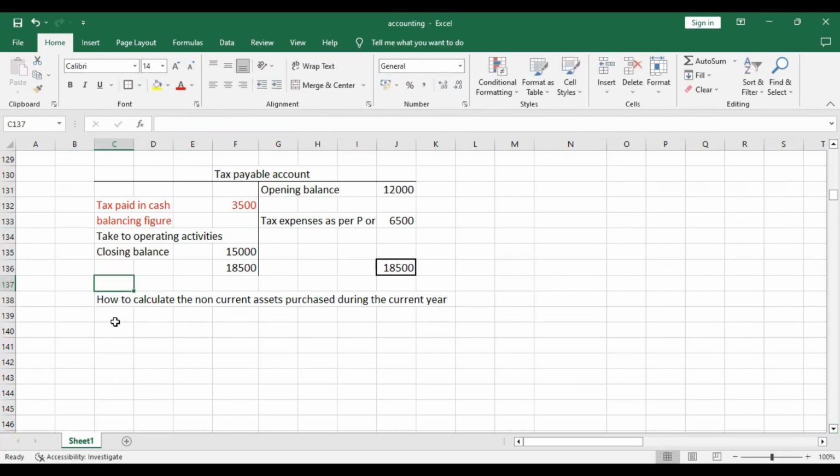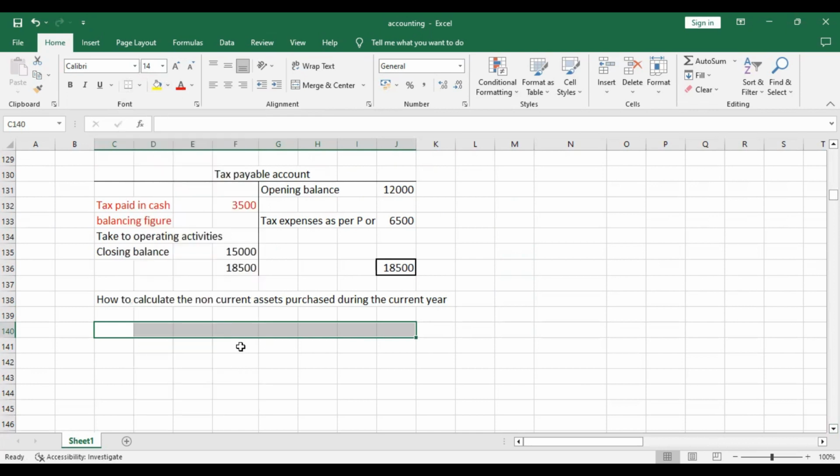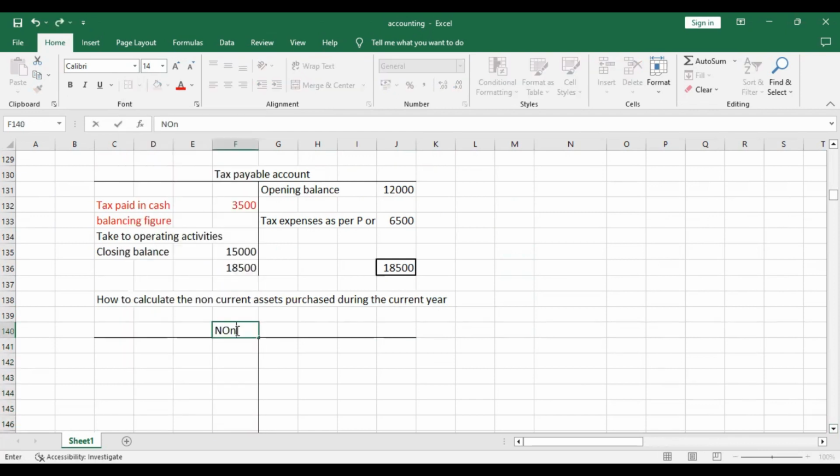For this also, you can prepare a T account. When you prepare the T account, then you'll understand easily. What should be taken on the debit side of the T account? What should be taken on the credit side? You must have clarity. Once you have clarity, it is very easy. So this is the non-current assets account.